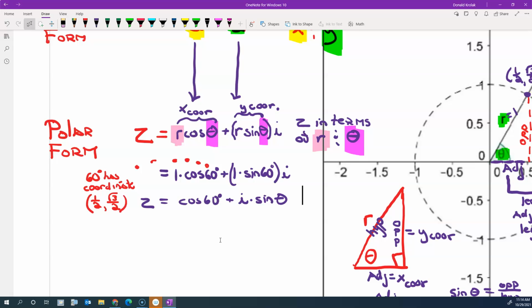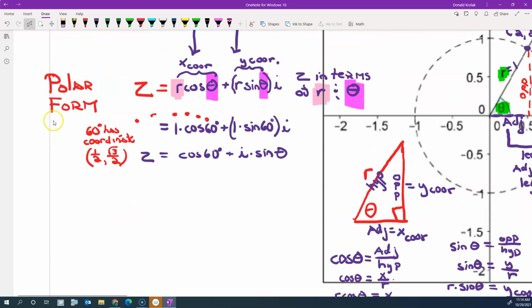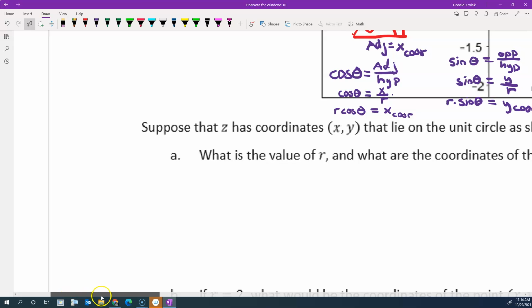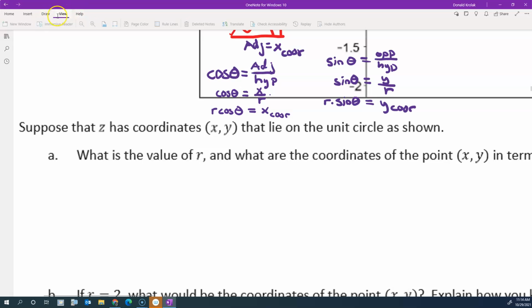Anybody still writing? Alrighty. So this is the formula right up here. This is your formula for the polar form of a complex number.